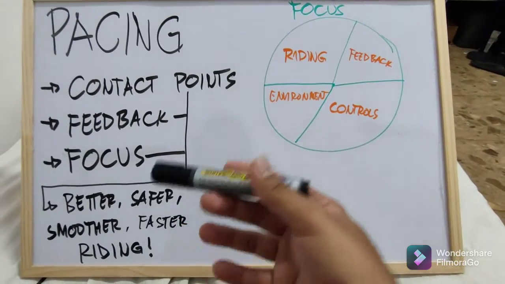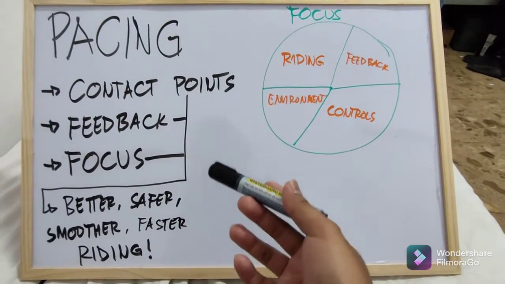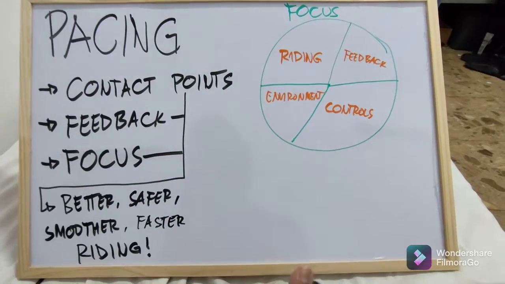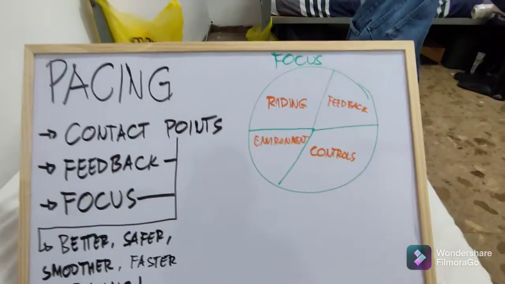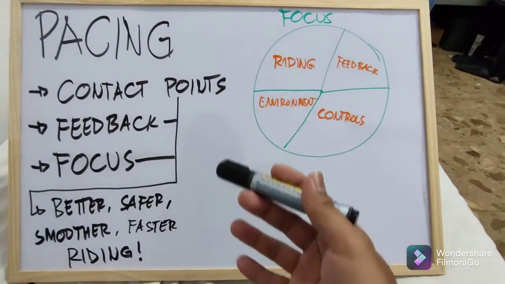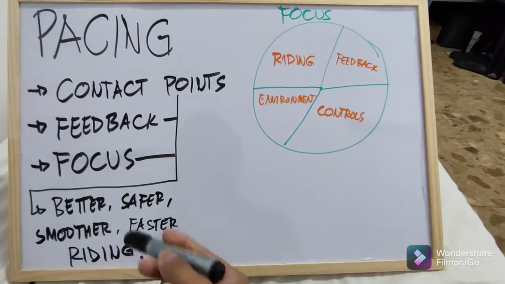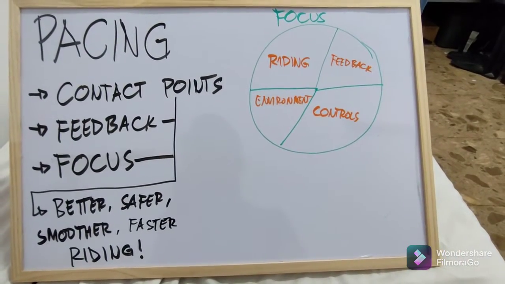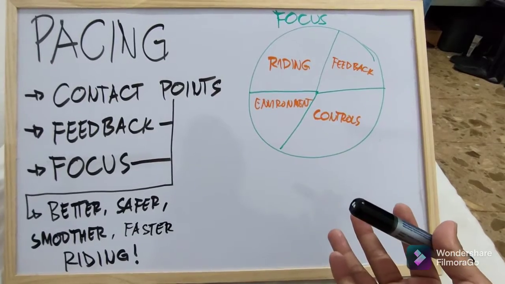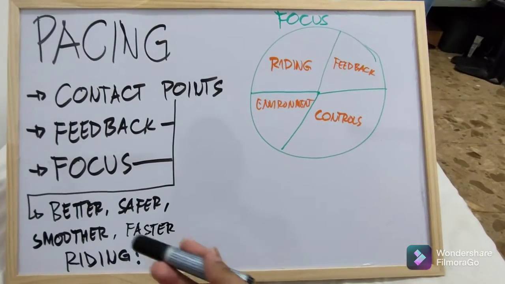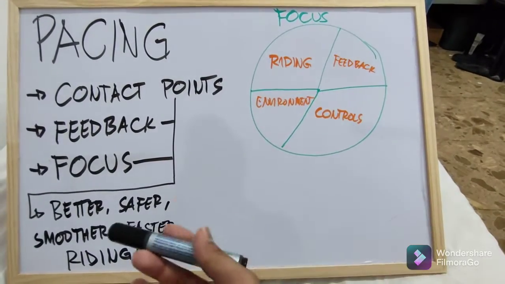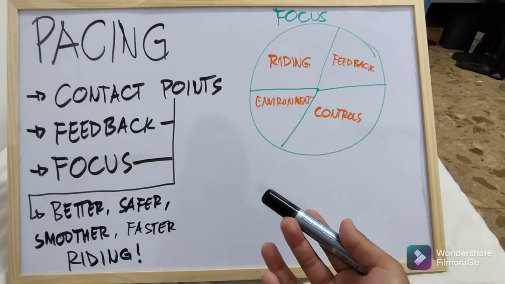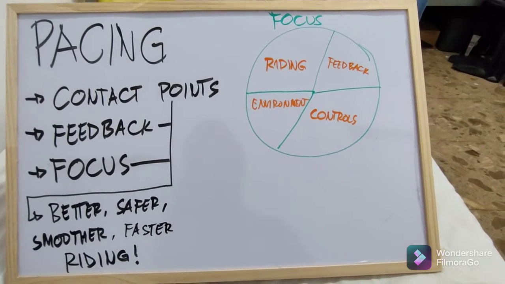Hindi naman lahat necessary na minsanan mong ma-achieve yan. If you ride on the streets, of course, you should take a focus on pacing na magiging better and safer rider ka. If you ride on the track, you should do the pacing that will make you smooth and eventually a faster rider.